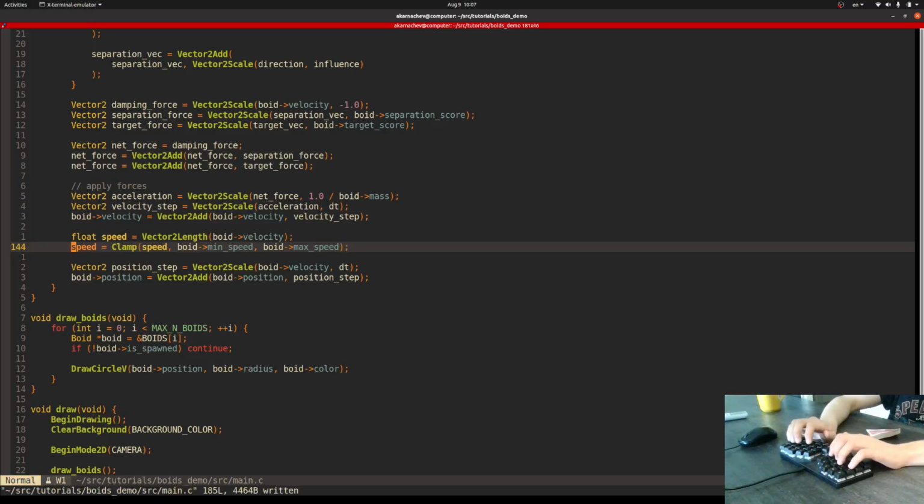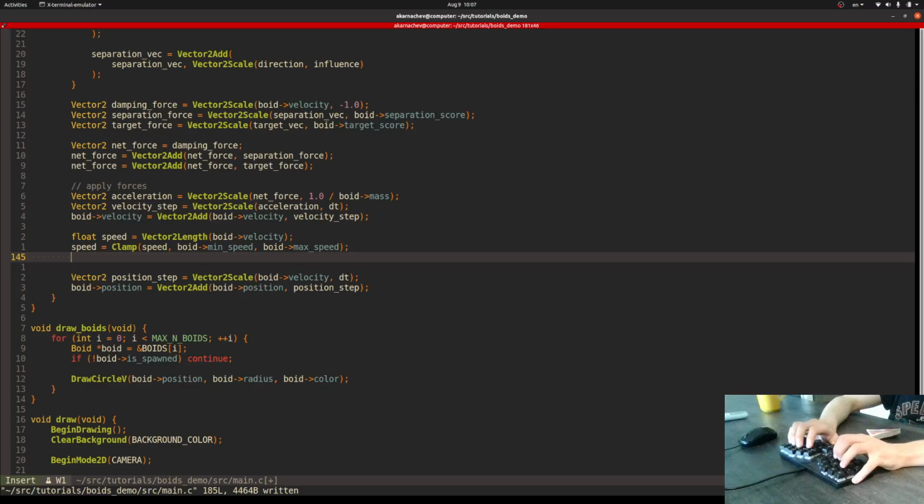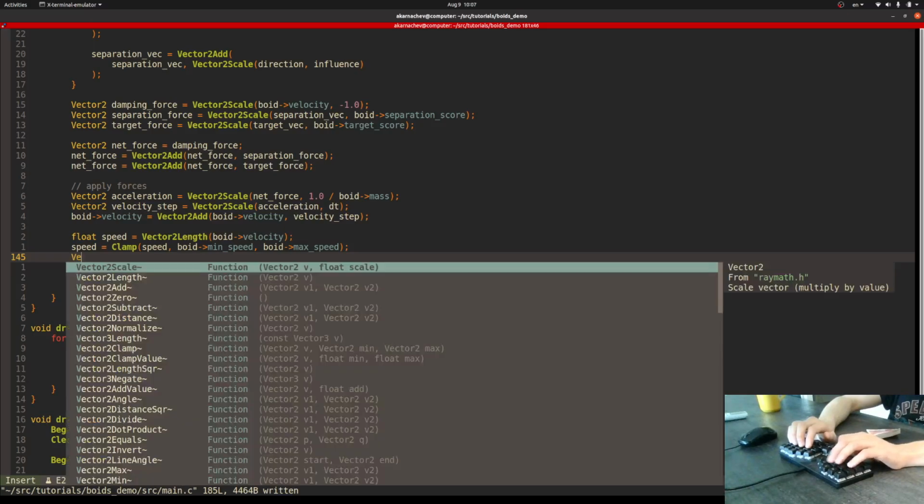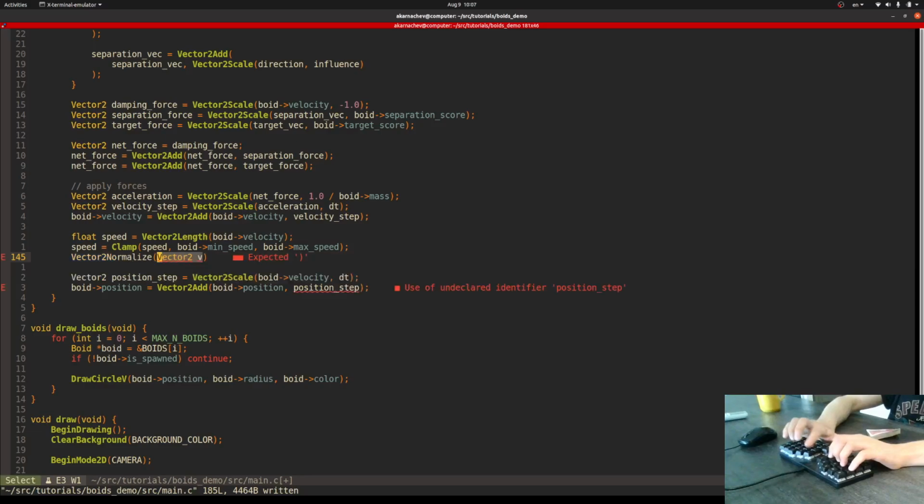I clamped the speed, and now I want to clamp the velocity itself. So let me take the direction of the velocity. It's basically Vector2Normalize Boid velocity.